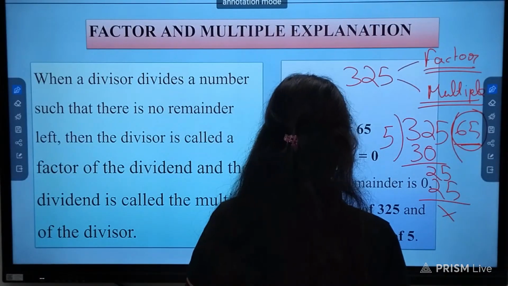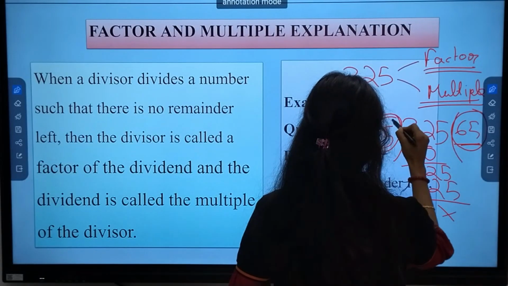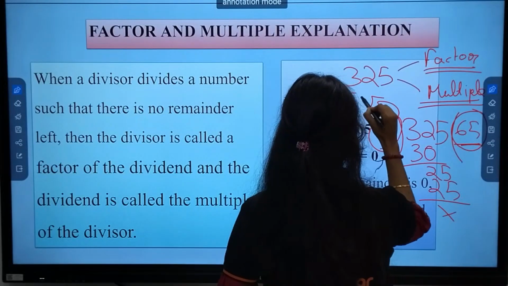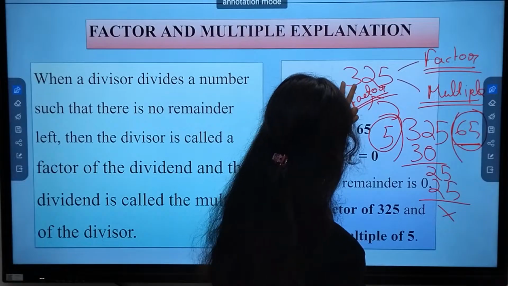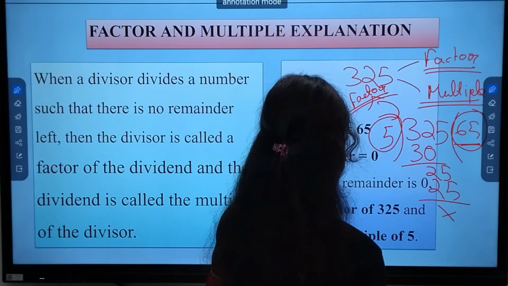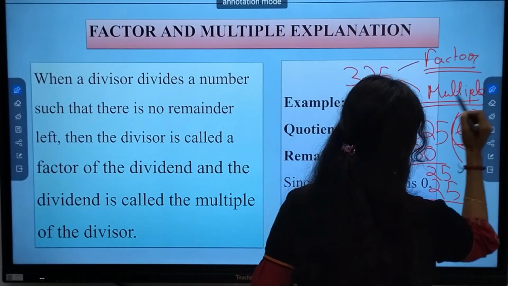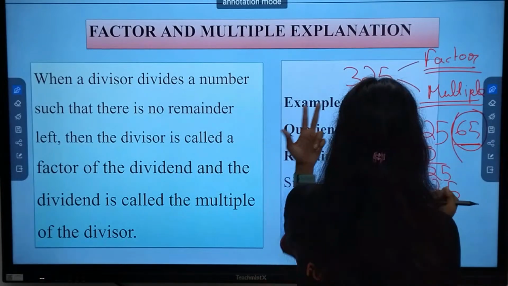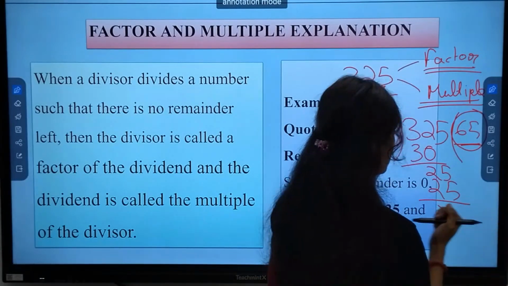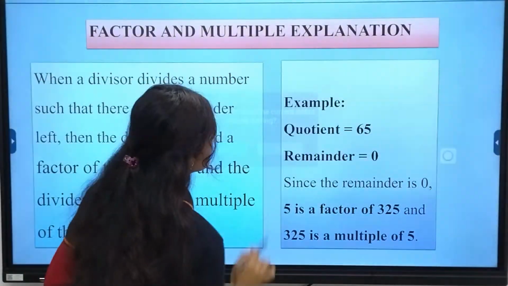So we can say that 5 is the factor of 325, and 65 is the multiplicand or multiplier of 325. This is just a rule.